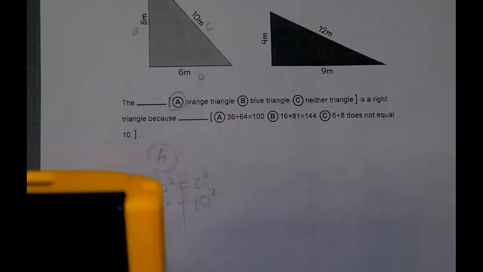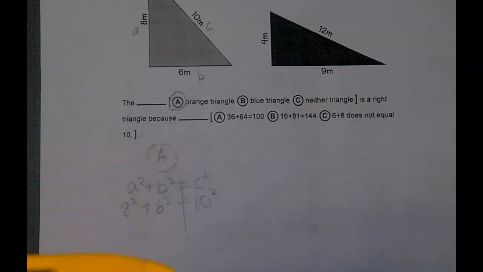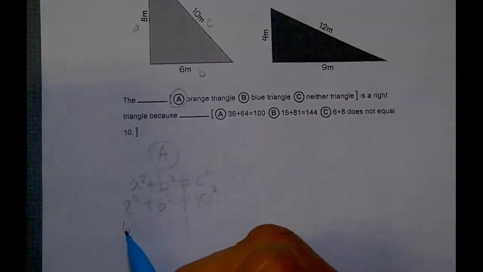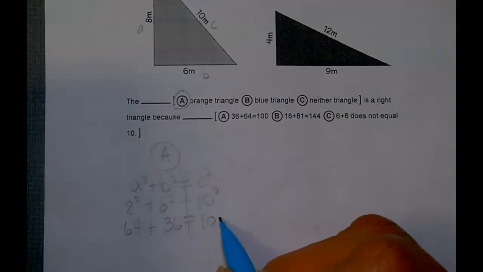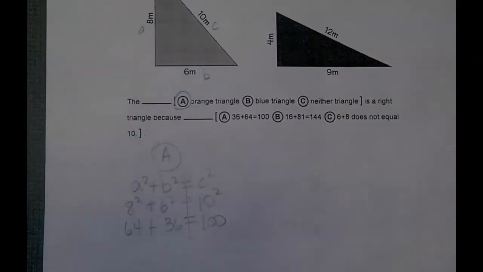Now, remember I showed you guys how to do the little trick. But I'm going to set it up. I showed you how to do the little trick in the calculator. But 8 times 8 is 64, 36, and so then we're trying to figure out if this is a right triangle or not.